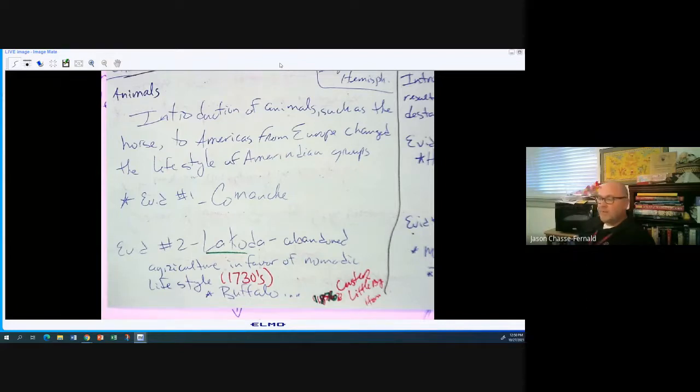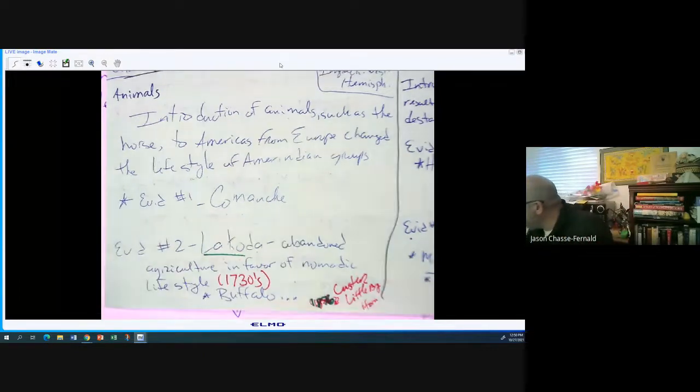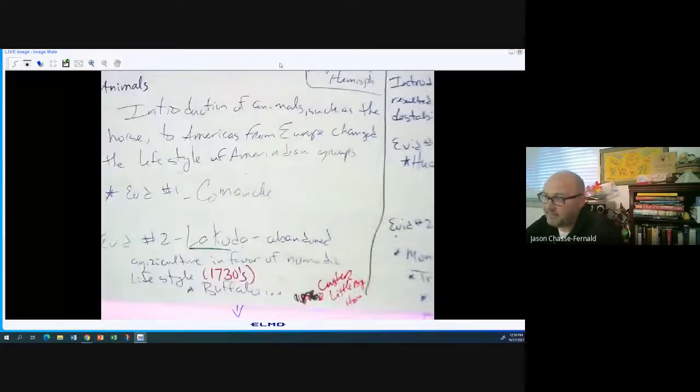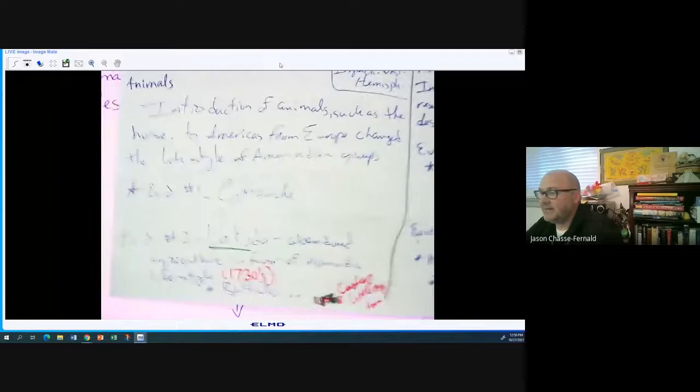And then they'll be forced to be put on a reservation at that point. Their nomadic lifestyle will end, forced to live off government rations, etc. All right. They also put the Comanche in there because that's another example of an Amerindian group that adopted horse culture. And we will talk about them later in the course as well.